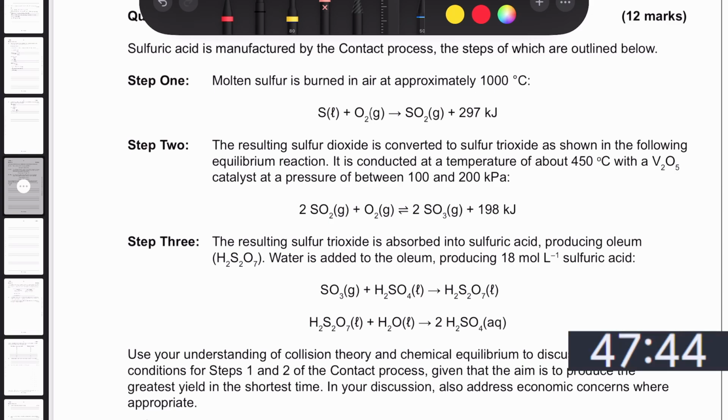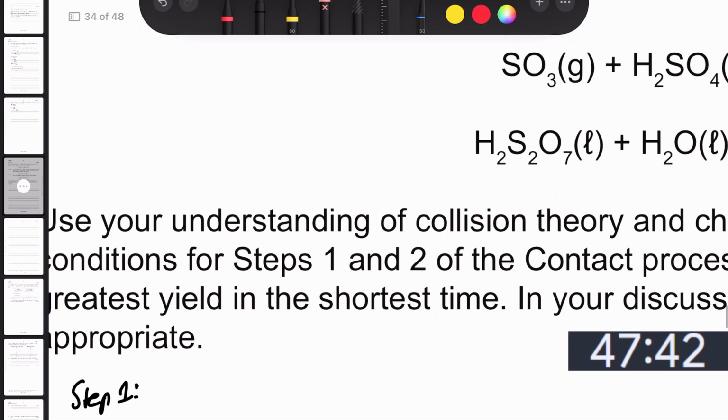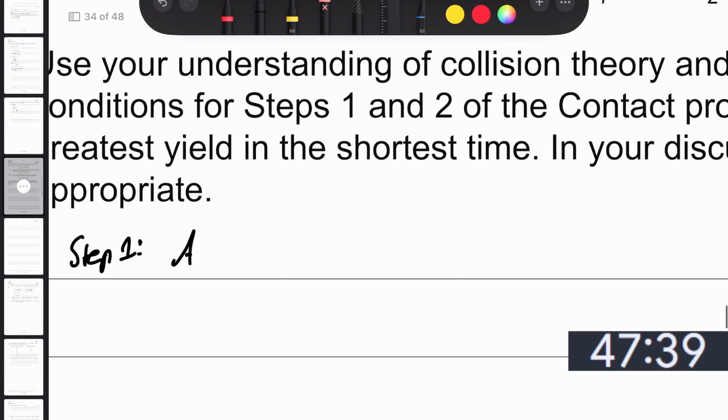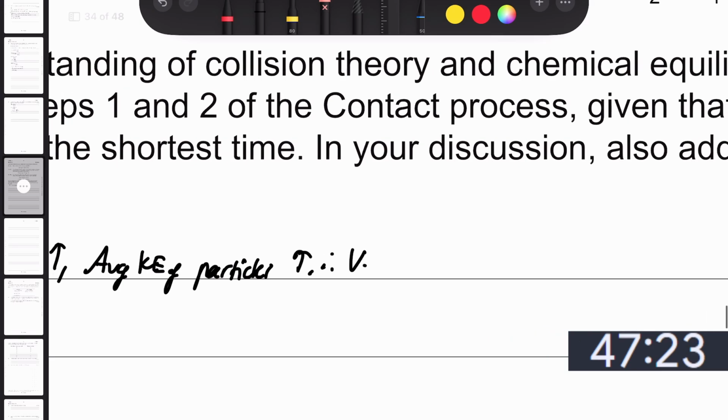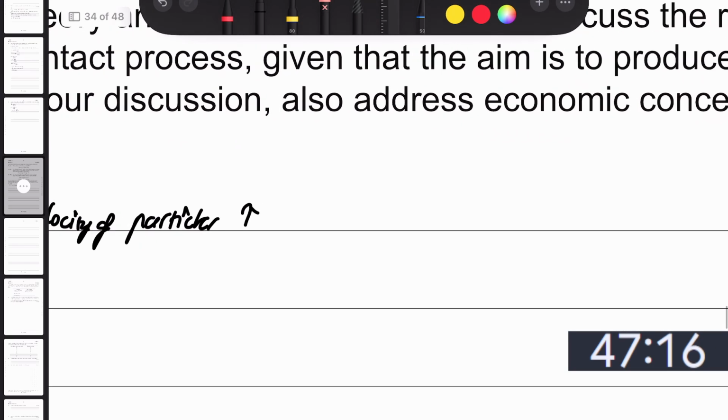And we're back. Step 1. Say as temp increases, average kinetic energy of particles increases, velocity of particles increases, therefore frequency of collisions increases.